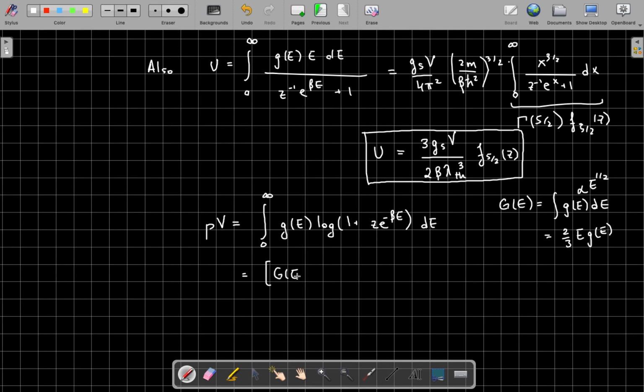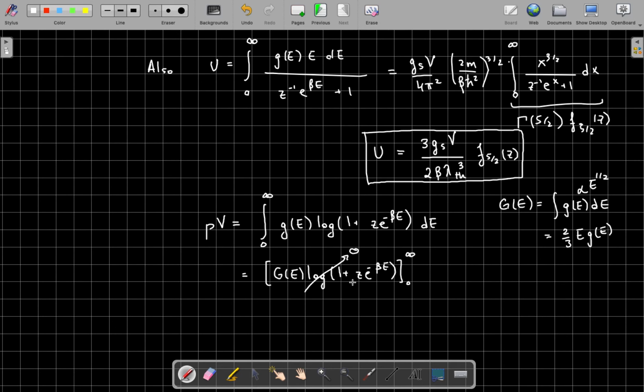This is equal to GE log of 1 plus Z e to the minus beta E from 0 to infinity. But remember, this thing in brackets vanishes at both infinity and at 0. So this term can be neglected.